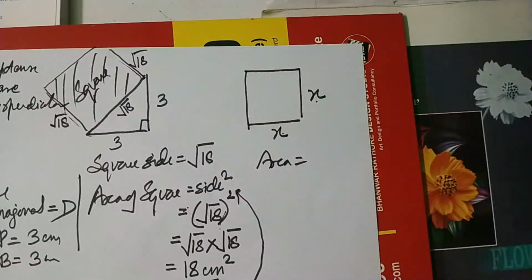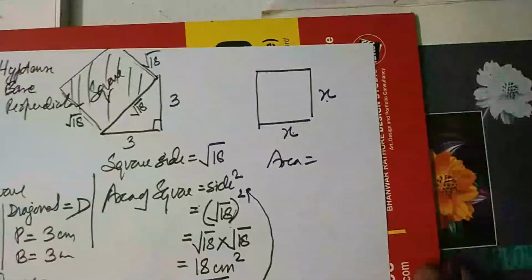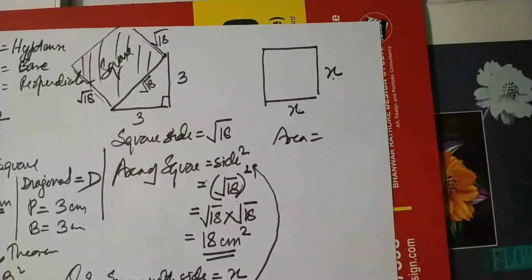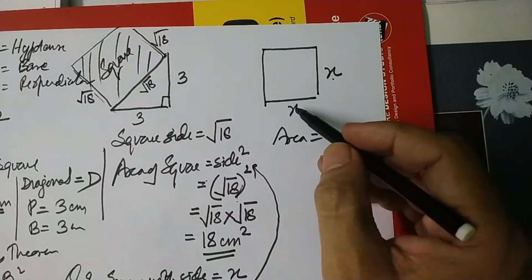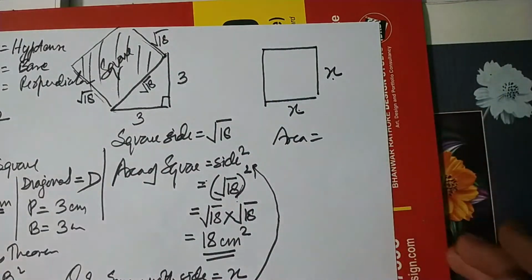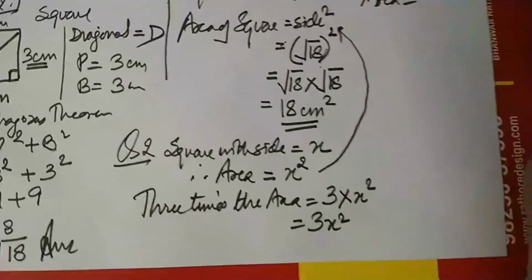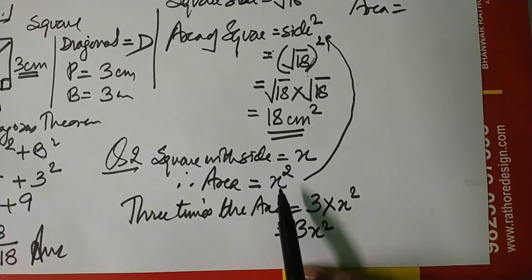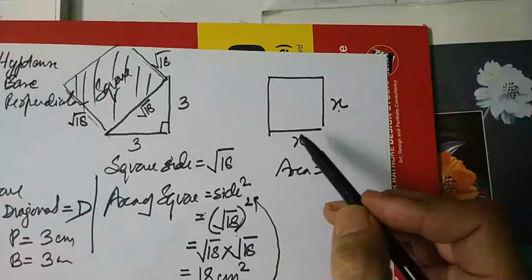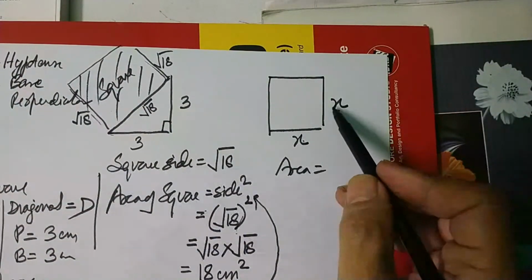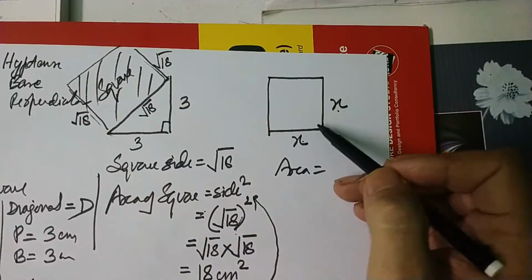Now if I use this method, means Pythagoras theorem, can I use Pythagoras theorem to make the area of a square whose area is 3 times? So first, what will be the area of this square? Side square. Area of the square is side square, which is x square. But according to Pythagoras theorem, if there is a square whose side is x, then can we use Pythagoras theorem?